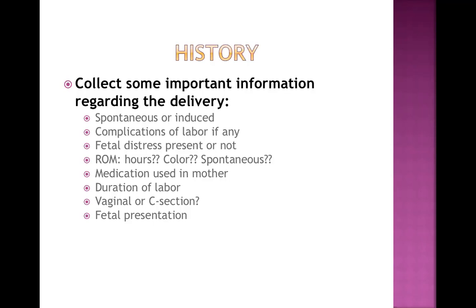These are the important questions or important information for we pediatricians. Now we are talking from the pediatrics point of view here. So these are the important points. What medications were used in the mother? We should take that history all the time. Who knows, some of the medicines may be harming the baby.